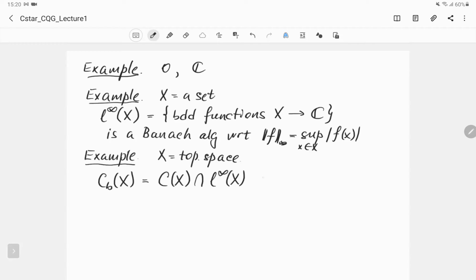It's a standard fact that this algebra is a closed subalgebra in ℓ^∞(X). It's a closed subalgebra. And it's immediate that a closed subalgebra of a Banach algebra is also a Banach algebra.